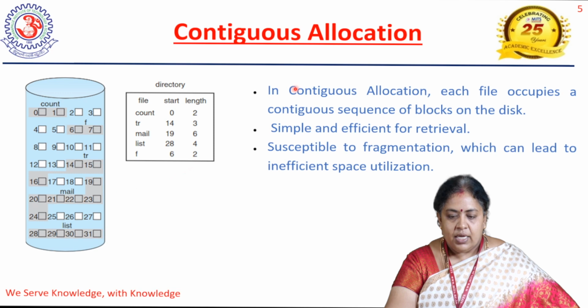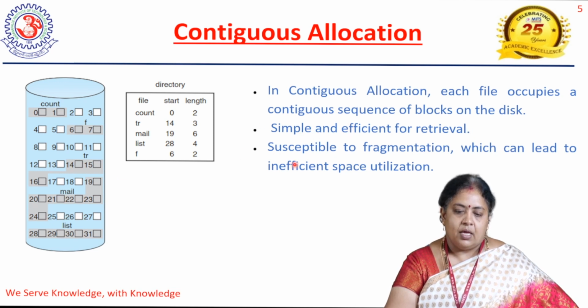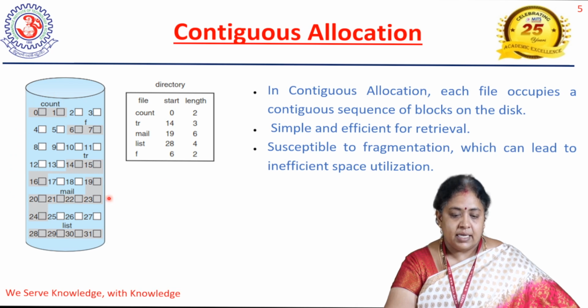In the name itself we can say contiguous allocation, so each file has to be contiguously allocated on the disk. What is the main advantage? It is simple and efficient for retrieval. We have different access methods like random access, direct access and sequential access.